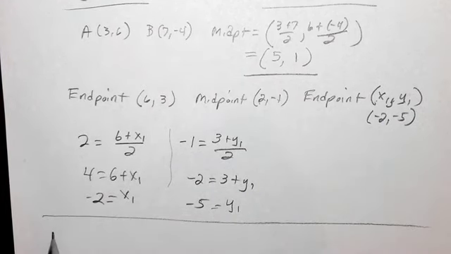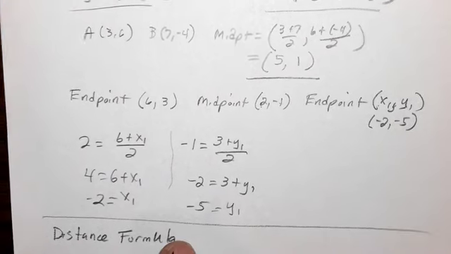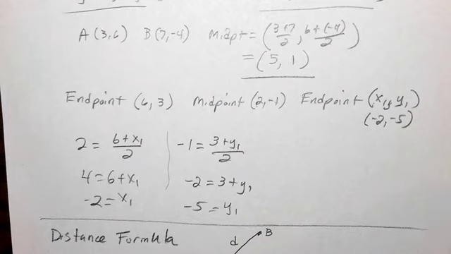Okay. Next, we're going to talk about the distance formula. So again, if you went back up to the example I gave before, there's A, there's B, and I want to know what this distance is. x1, y1, x2, y2.